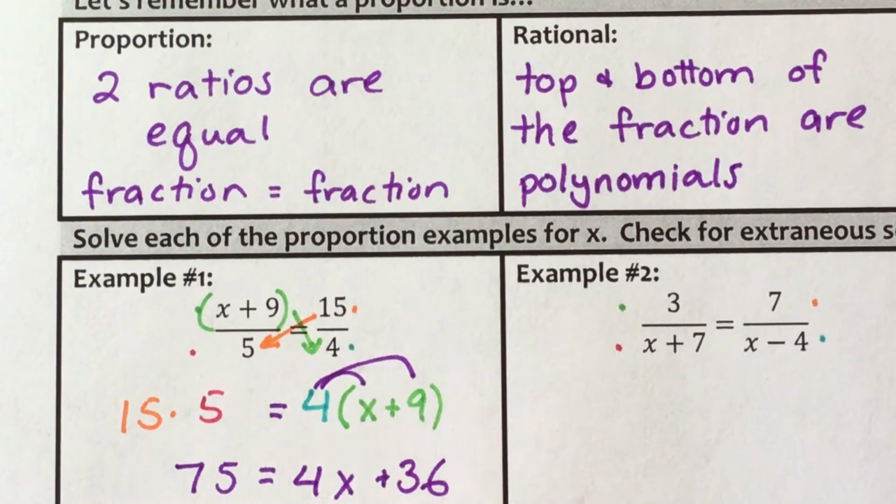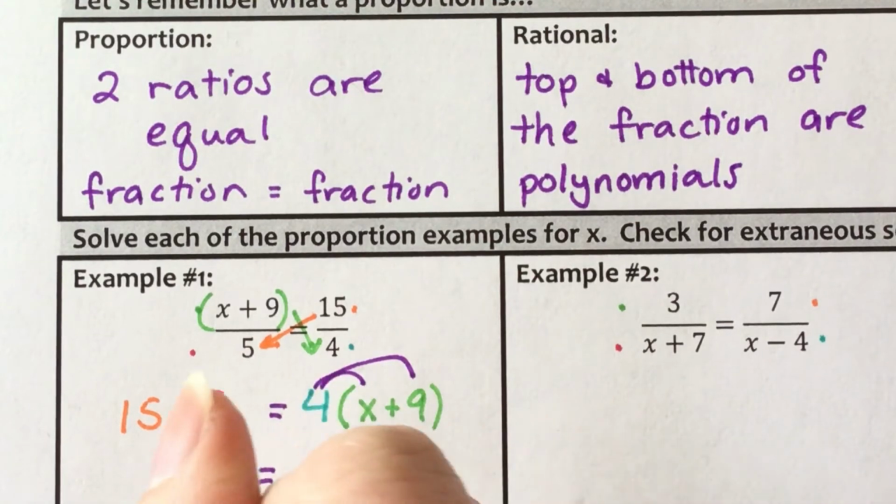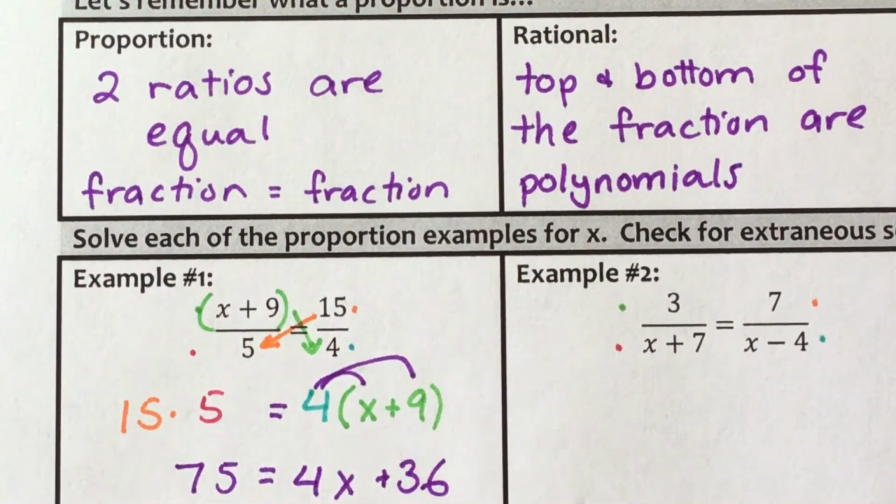So 4x, bring down the equals here, and 75 minus 36 is 39. A lot of times these will end up with fractions or decimals. It's fine. Let's divide both sides by 4. And we end up with 9.75 equals x.